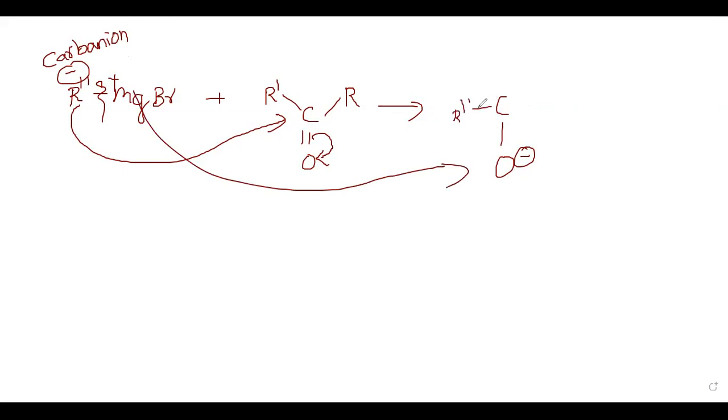R double dash is here, R dash is here, R is here, and O minus is actually attached to MgX. Simply in the presence of water, you can get tertiary alcohol. Tertiary alcohol can be prepared in this method.